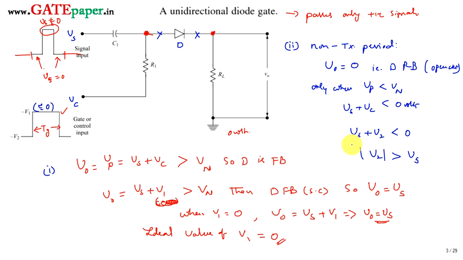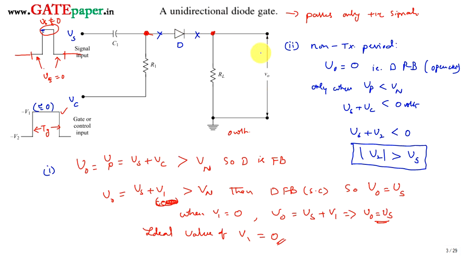Even if you are going with a large positive signal, during the non-transmission period the diode should not be forward biased. So the condition for the control signal is that V2 has to be a very large negative value, such that even with a large positive voltage, the effective voltage at the P side is negative, so that the diode must be in reverse bias.